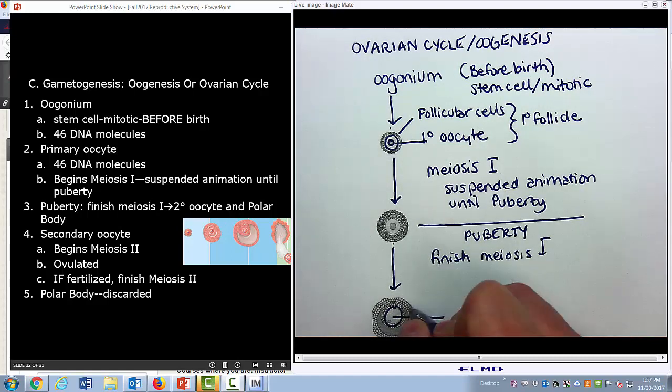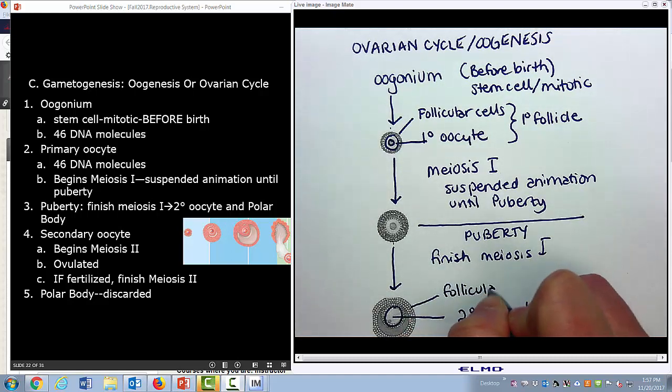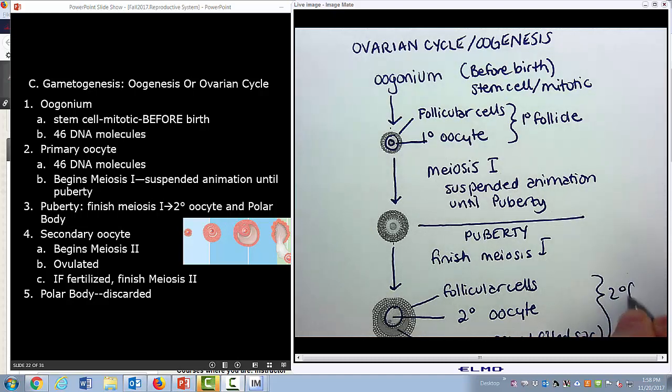And again, we've got follicular cells that surround that ovum. And if you recall from lab, there is that fluid-filled sac that's called the antrum. Fluid-filled sac. And all of this was the secondary follicle.